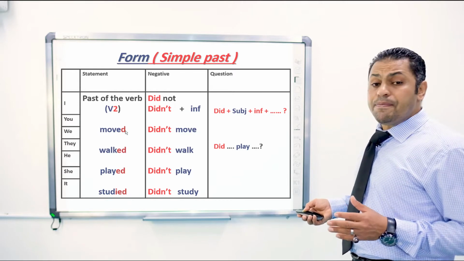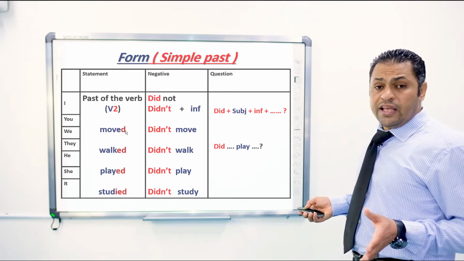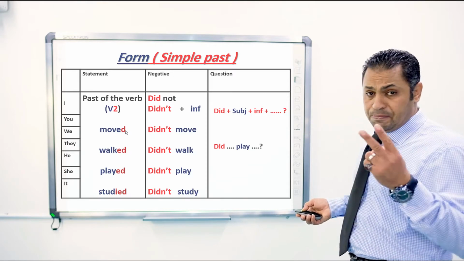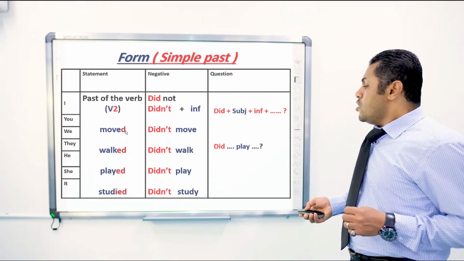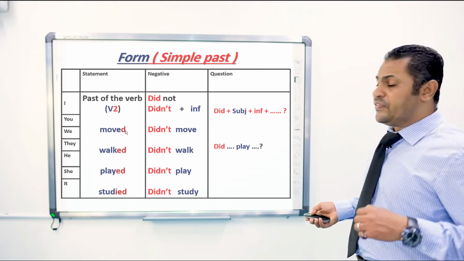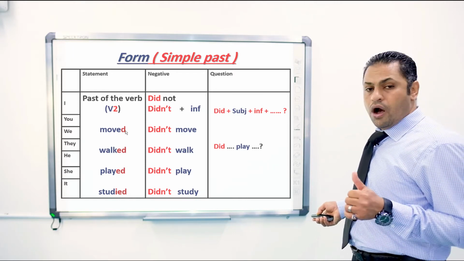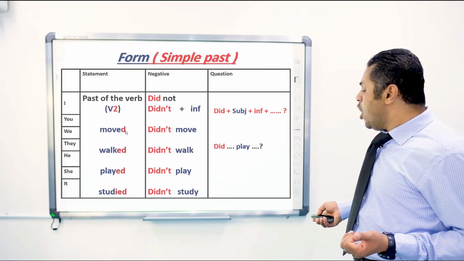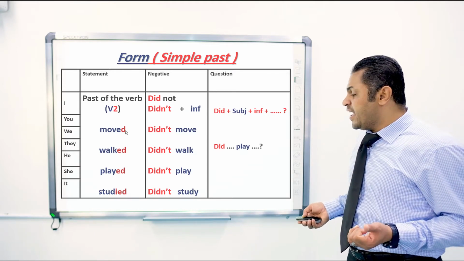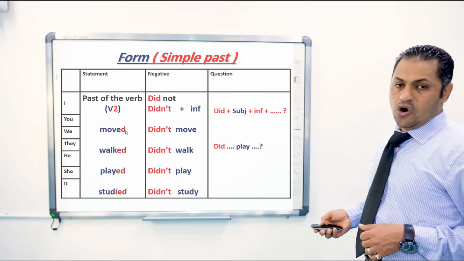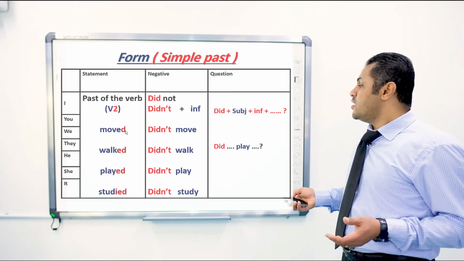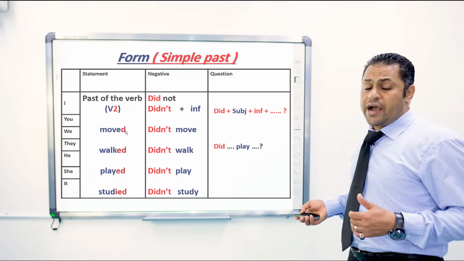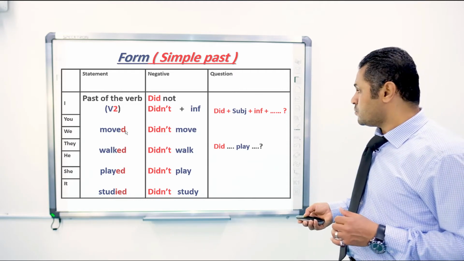However, the verb walk doesn't end with E, so we need ED, both letters. Here, the infinitive of study ends with Y preceded by a consonant, so we omit the letter Y and add IED. So the regular verbs in the past end with D, ED, or IED according to the end of the verb.